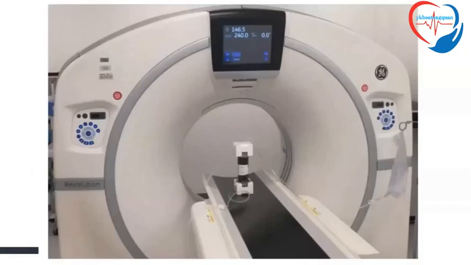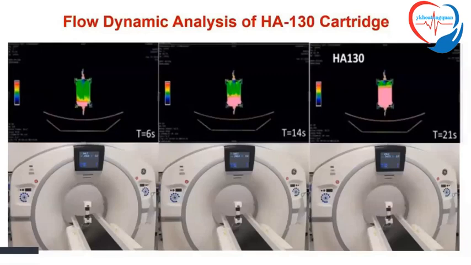We wanted to study the flow distribution inside the cartridge to ensure that the quality of the product is adequate. And we did a CT scan, and here you see the progression of the flow distribution inside the cartridge, which is extremely homogeneous, showing that all the surface is utilized for adsorption.